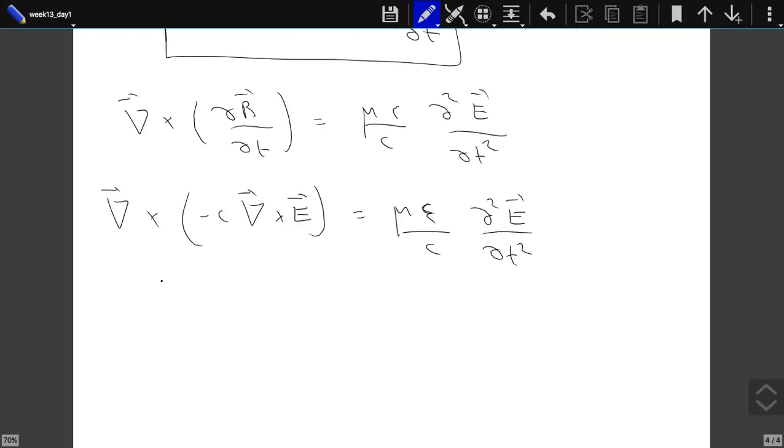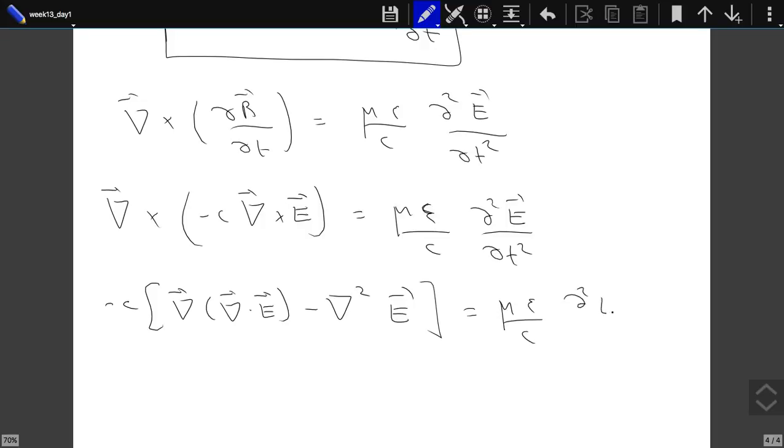Well, the curl of the curl of the electric field is the gradient of divergence of E minus the Laplacian of E, and that is equal to mu epsilon over c squared, del squared E by del t squared.